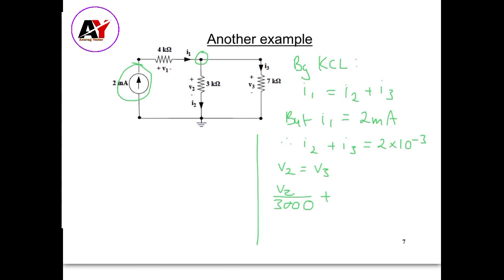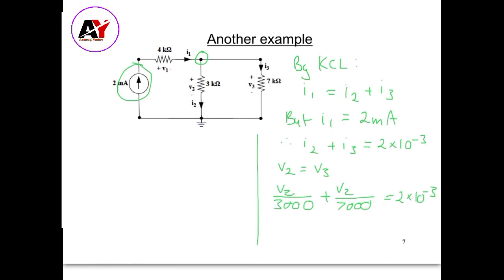So we can write V2 over 7 kilo ohm is equal to 2 times 10 to the minus 3.